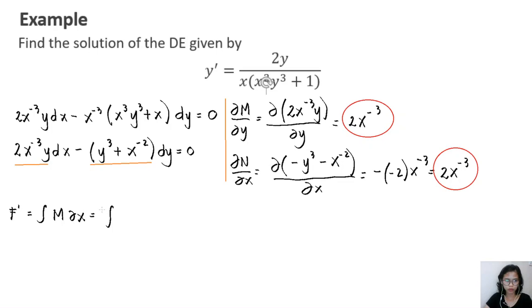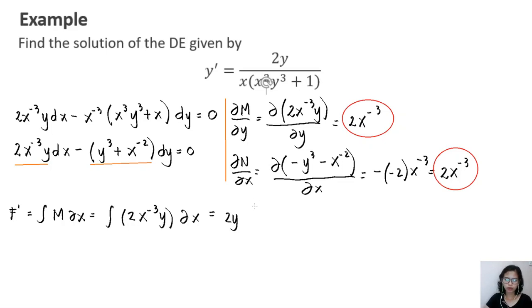That is equal to, what is our new M? 2x to the negative 3 y with respect to x. And the answer is with respect to x, therefore y is constant. So let's separate that first, 2y and the integral of x to the negative 3.